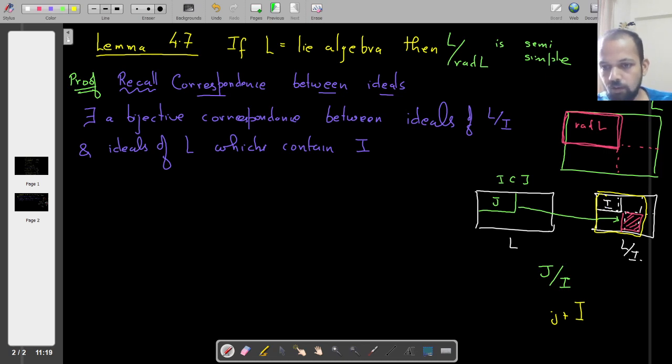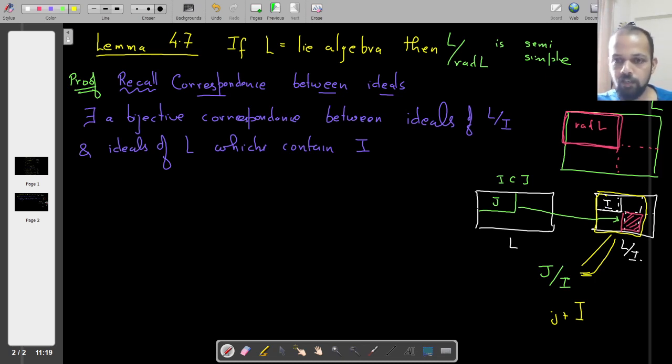So that was the correspondence, that J by I is equal to the ideal that you start with in L by I. That was the correspondence between ideals.